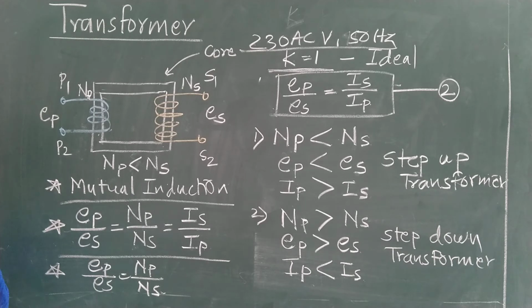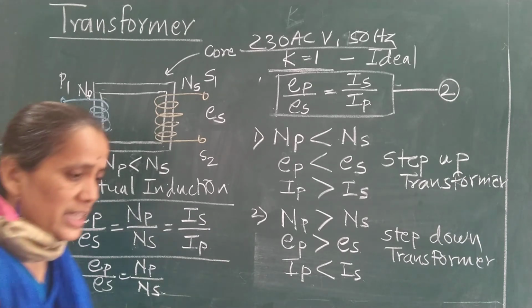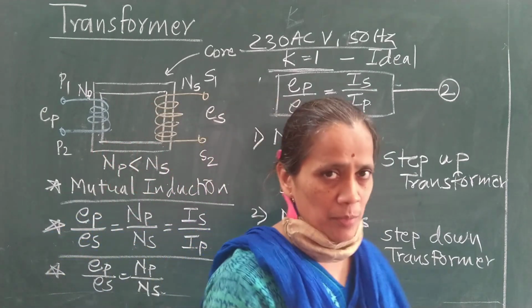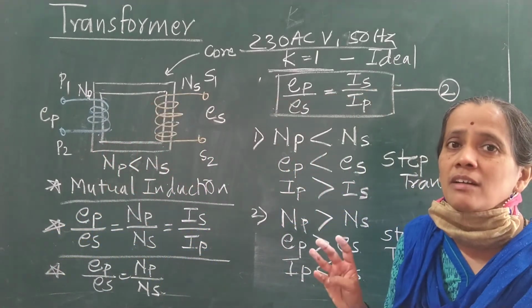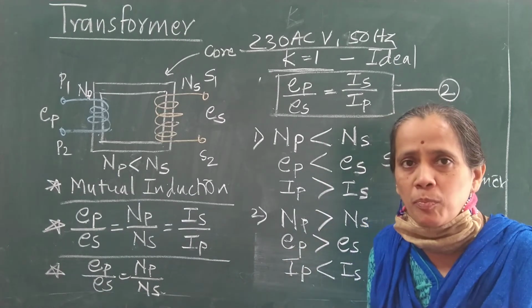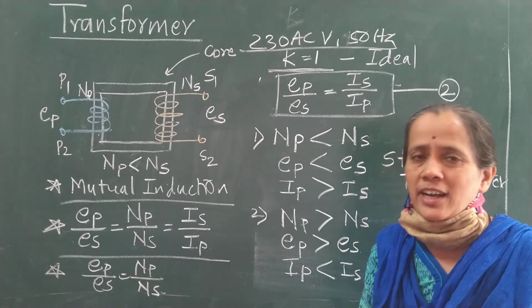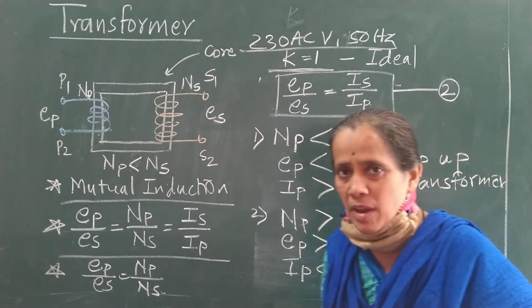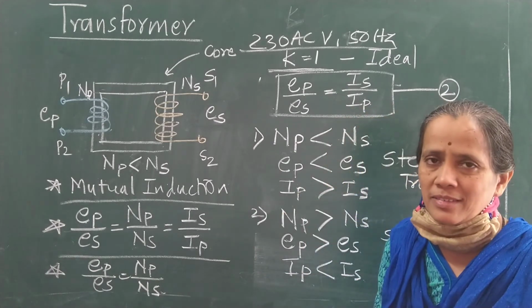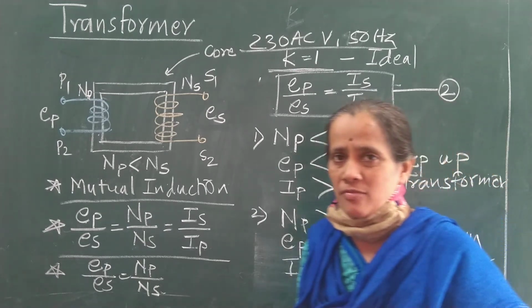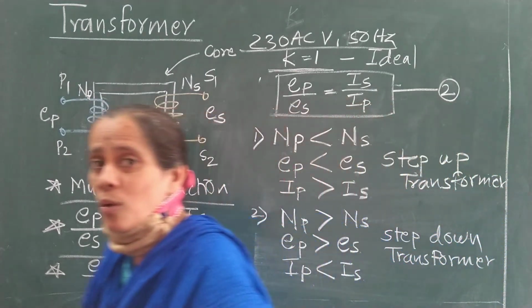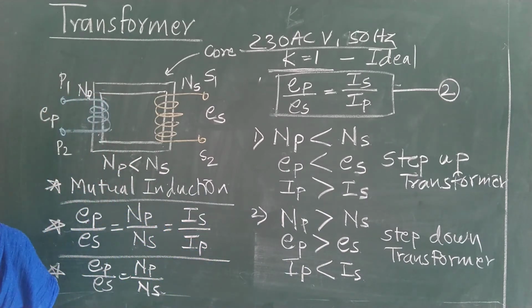Fine. So in electromagnetic induction, we started from the phenomenon of electromagnetic induction. Then we have seen Faraday's law. Second point. Third point, we have seen Lenz's law. Fourth point, we have seen the motional EMF due to moving conductor, motional EMF due to rotating bar, motional EMF due to rotating magnet.